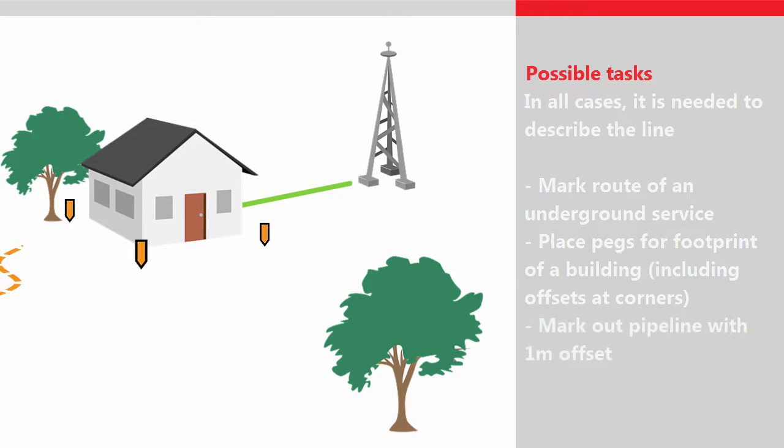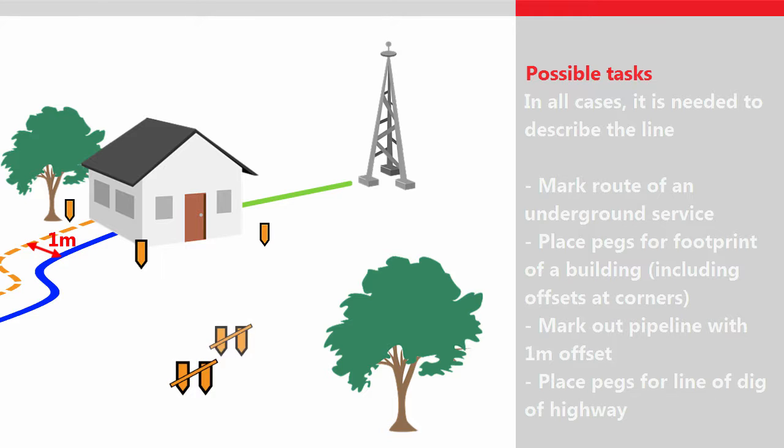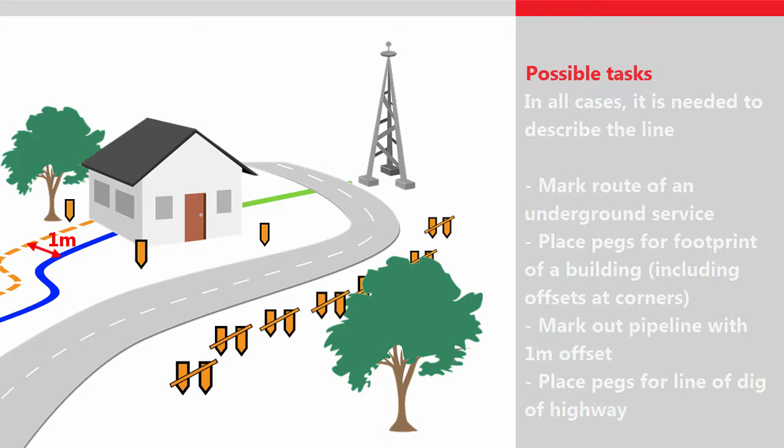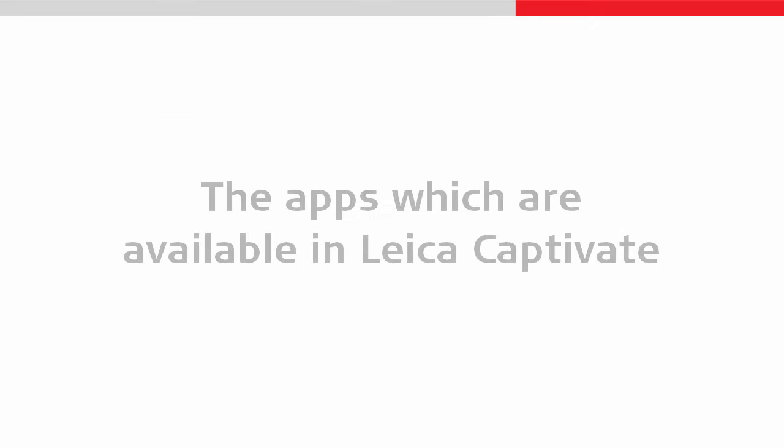Mark out the route of a pipeline at a 1 metre offset. Or place pegs along a new highway construction to define where an excavator should start to dig a 1-in-2 slope. So you can see there are a wide range of possible tasks related to staking linear objects.